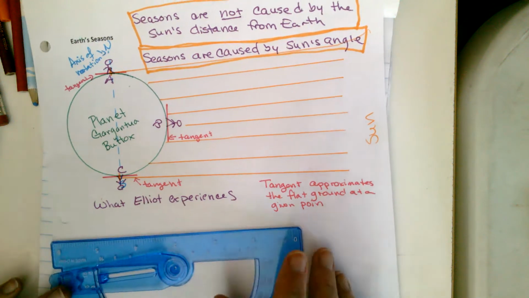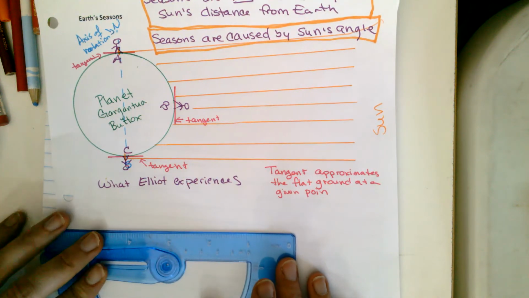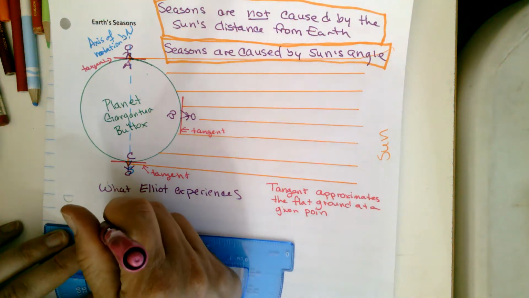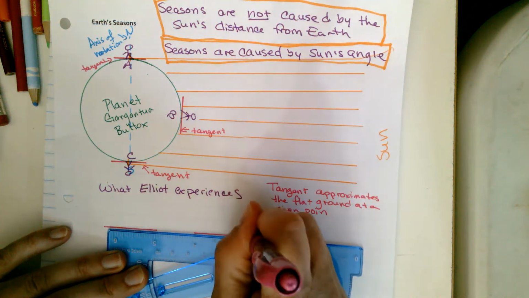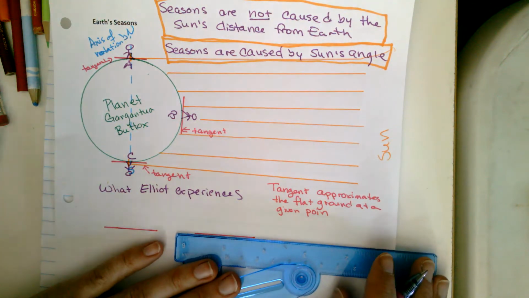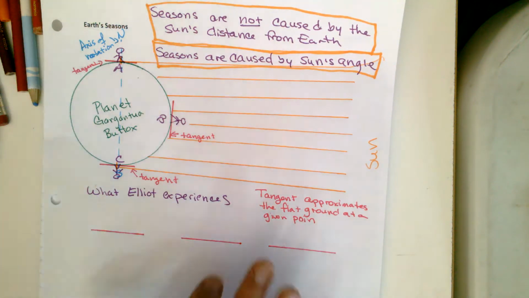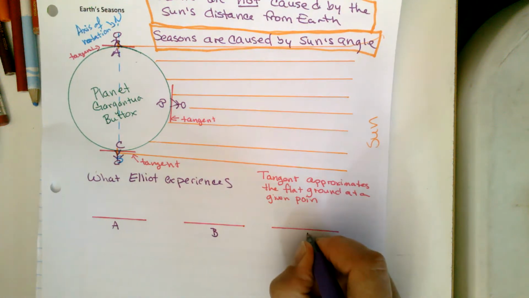So let's draw these three Elliotts and what they're experiencing. I'm going to have Elliott A, Elliott B, and Elliott C. Since these are labeled in purple, I'll keep that A, B, C, like that.